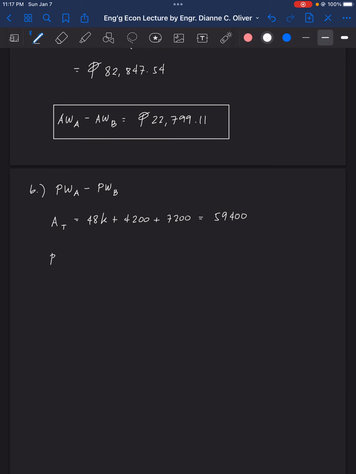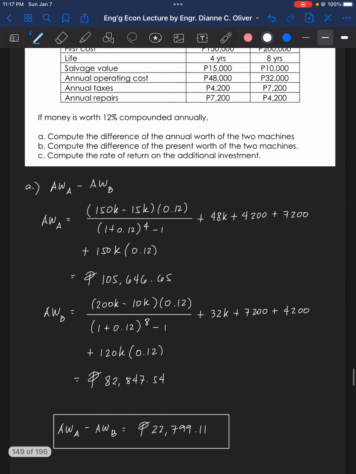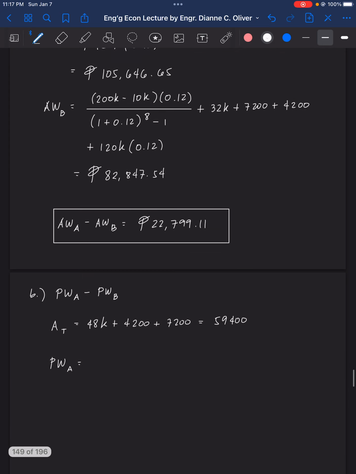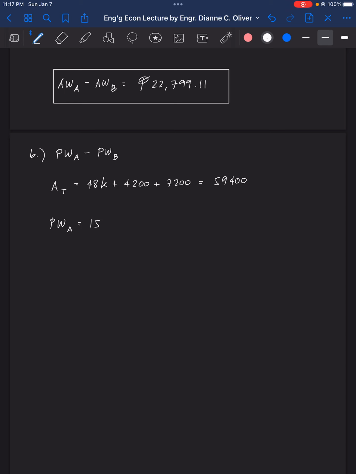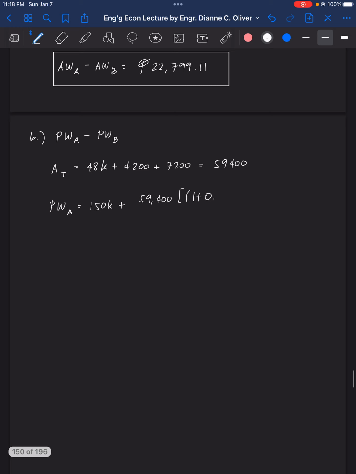And then we have our present worth A equals the first cost. What's the first cost here? It's 150K. So all costs positive, plus the annual cost here, 59,400 times 1 plus 12% raised to the number of years minus 1, so this is the present worth of annuity.